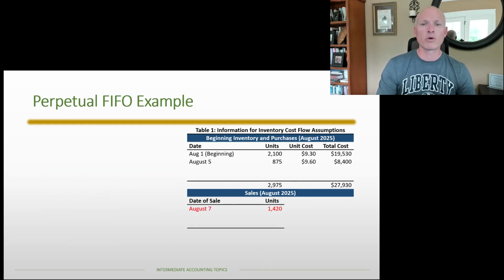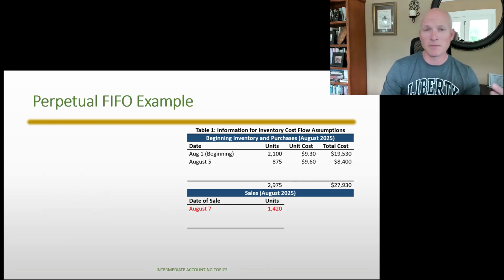Where it starts to become important now is with the sale. With the first in, first out inventory cost flow assumption, we're going to assume that the August 1st items are sold first.